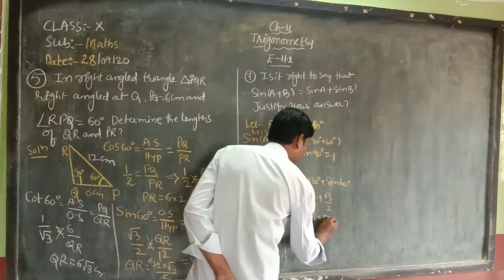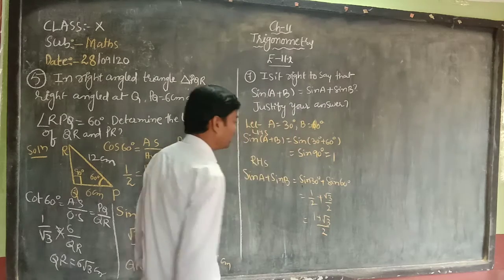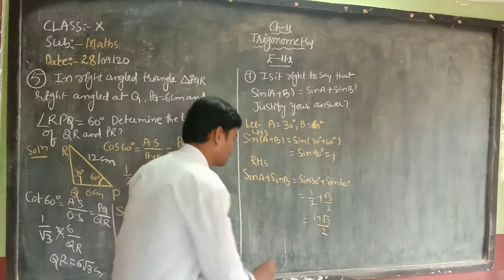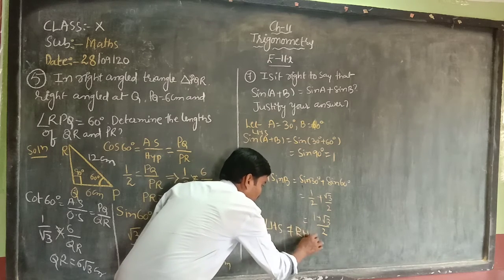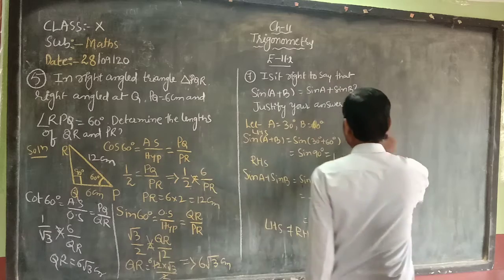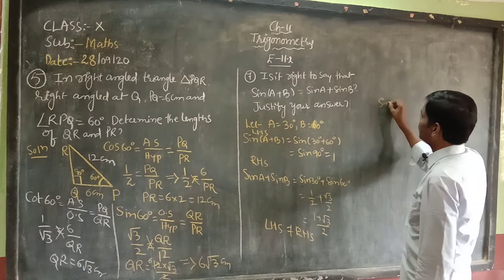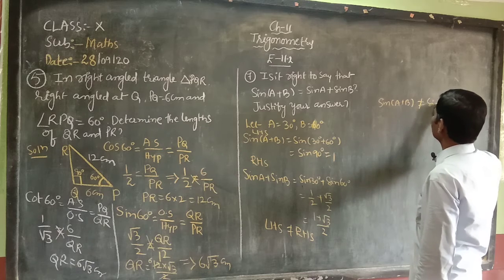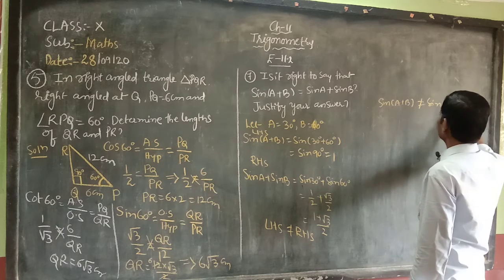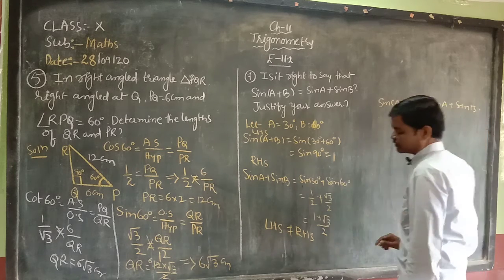So 1 by 2 plus root 3 by 2. Have we got both equal? LHS is not equal to RHS. Therefore, finally what do we write? Therefore, sin of a plus b is not equal to sin a plus sin b.